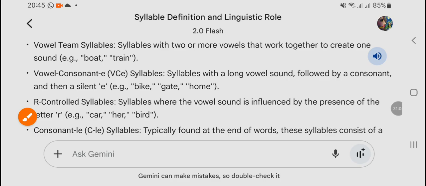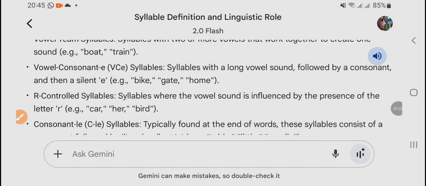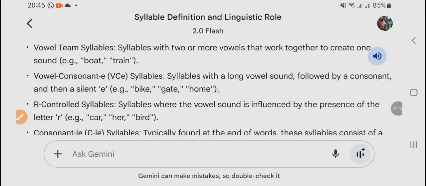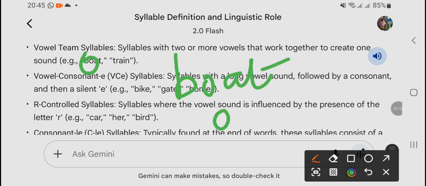So they work together and create boat. Here O and A sound is O only, boat.